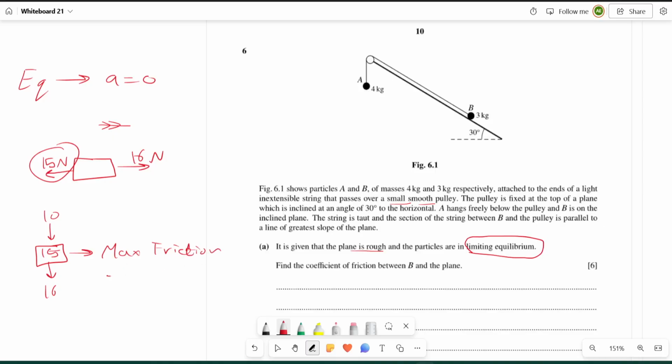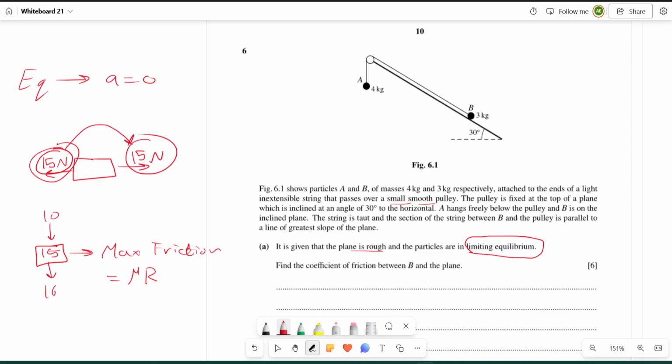limit, and this limit is given by mu, which is the coefficient of friction, multiplied by R, which is the normal force to the plane, okay? So the idea of limiting equilibrium means that we are not at 16, we are at 15, and the thing is not moving; however, we are in limiting equilibrium, so that means that the friction reached its maximum, and this maximum is balancing whatever force is there.